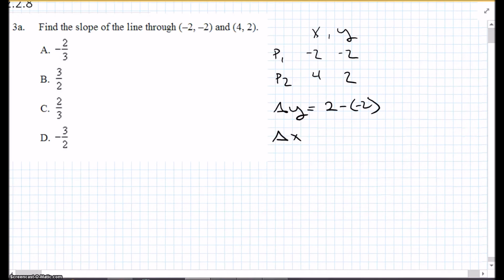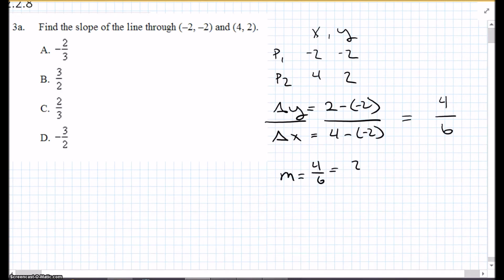And what's my change of x? 4 minus -2. So my slope is just those over each other. So 2 minus -2 is 4. 4 minus -2 is 6. So my slope is 4 over 6, which can be reduced to 2/3. So the answer would be C.